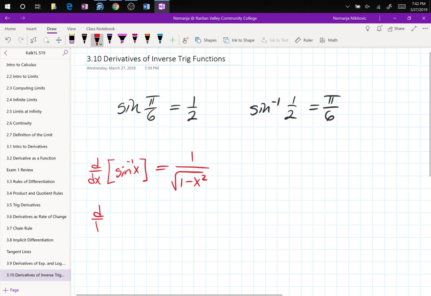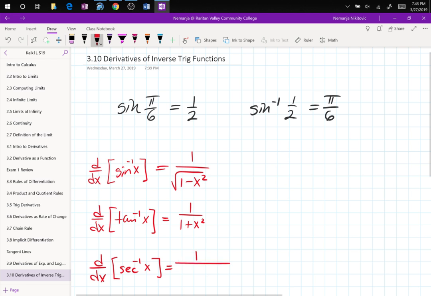The next one is the derivative of inverse tangent: one over 1 plus x squared. And the derivative of inverse secant is 1 over absolute x times the square root of x squared minus 1.